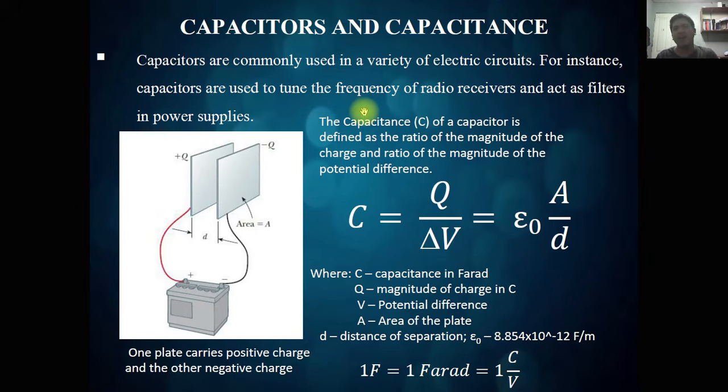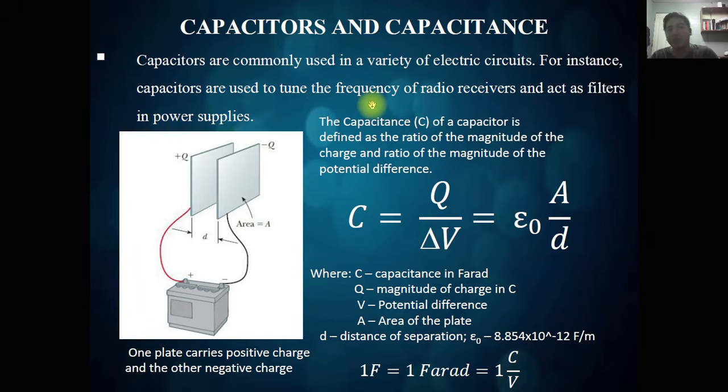Capacitors are commonly used in a variety of electric or electronic circuits. Almost every electronic circuit involves capacitors. They are a vital part of electronic circuits because of their various uses. For instance, capacitors are used to tune the frequency of radio receivers.